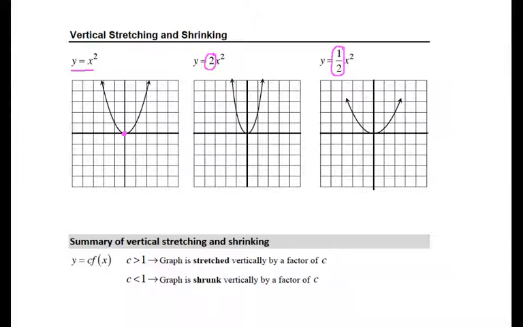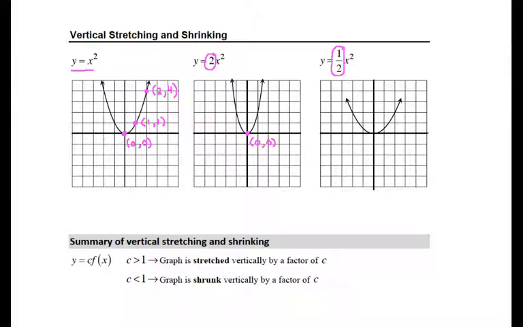It passes through the origin. It also passes through the point 1, 1 and the point 2, 4. When we multiply the function by 2, all of those y values get multiplied by 2. So multiplying 0 by 2 doesn't change anything, and therefore that x-intercept, which happens to be the origin in this case, doesn't change.